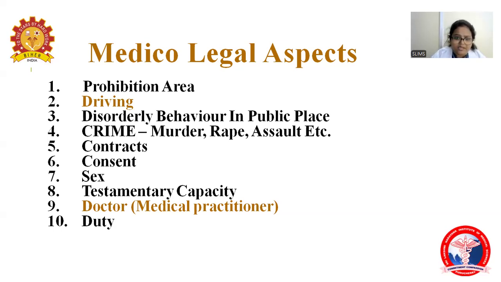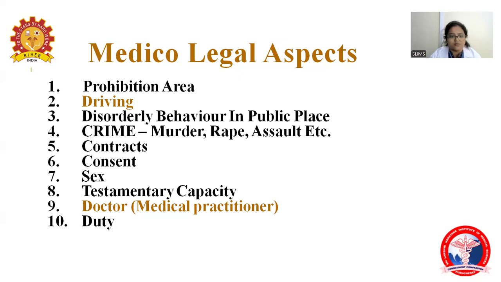Disorderly behavior in public places has to be punished after consumption of alcohol. A crime such as murder, rape, or assault committed after consumption of alcohol is punishable. Here, it has to be noted whether he consumed it by himself or someone else forced him to consume alcohol.